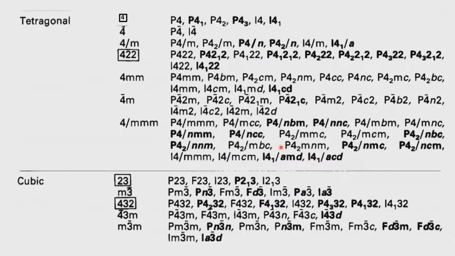What is very important to notice here is that in the case of the tetragonal system, because a is equal to b, the basal plane is square, and because it is square, the centering of that particular square alone is not possible.